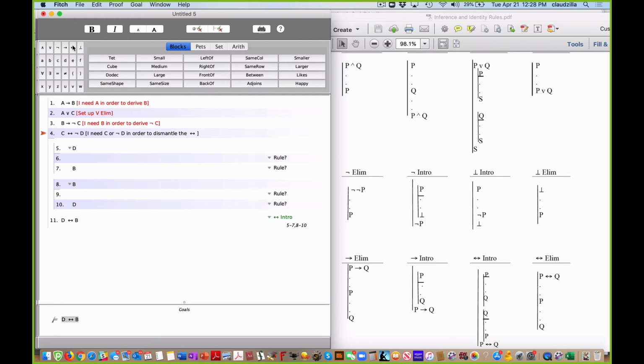But let's continue with the backward working. On the assumption I have D, I want to derive B. Okay, how do I get B? Well, one way that you can think about proceeding is by way of negation intro. What else can you do?